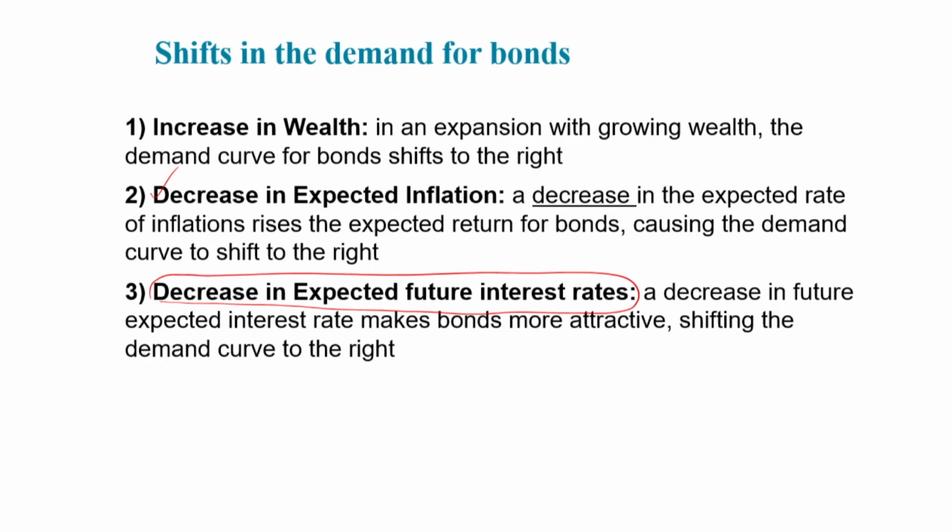Then your bond price is going to increase because of the inverse relationship between the rate of interest and the bond price. So you are going to invest more in the bond market, because when you sell this bond you are going to get a higher price, and you will make more capital gain.